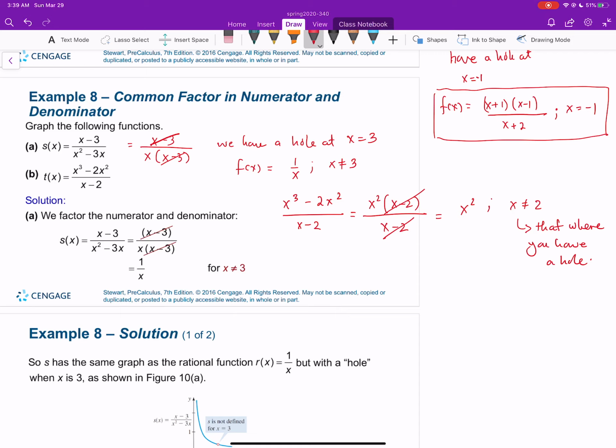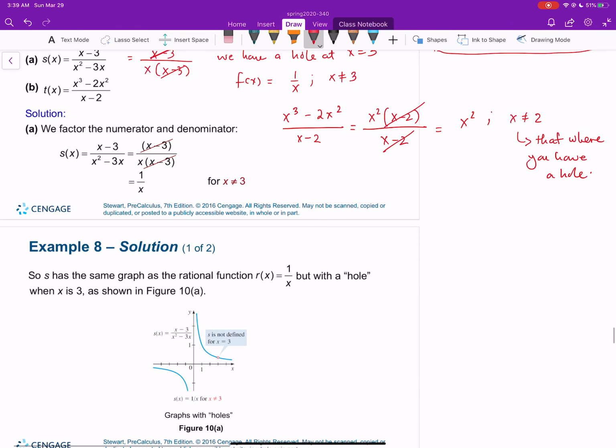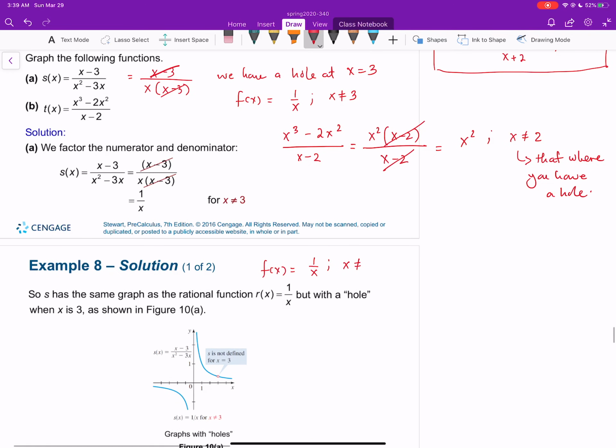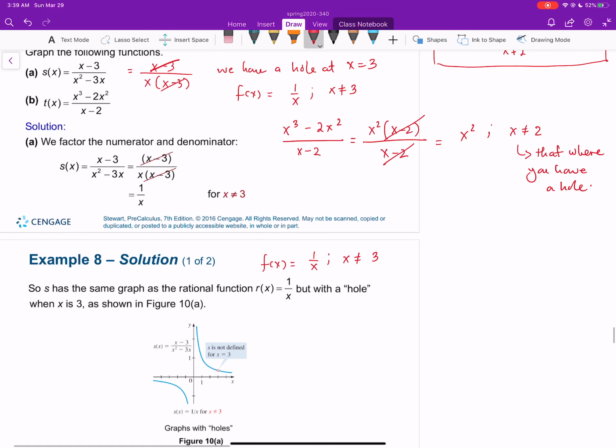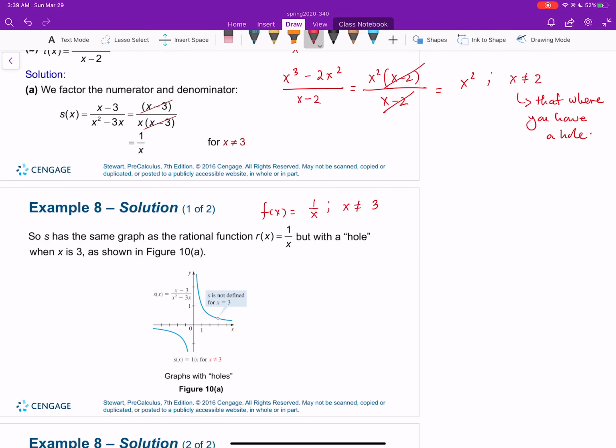All right. So the question is, how does that look when you graph it? If you look at the example over here, we discovered that after canceling the common factor, we had 1 over x, where x cannot be 3. So we know the graph of 1 over x, which is what they have over there. They've sketched it.